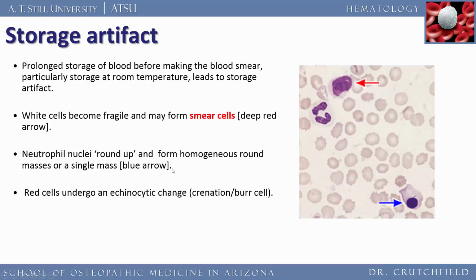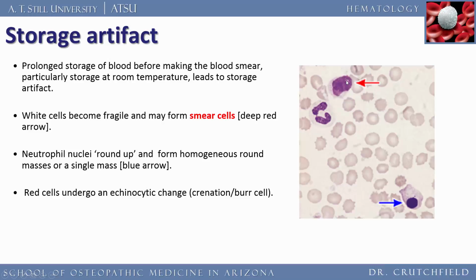And then when we look at this neutrophil here, like I said, the nucleus has rounded up like in a ball, whereas, and I'm sorry, I made a mistake earlier, this is a smear cell.